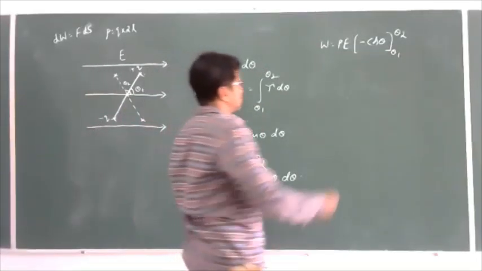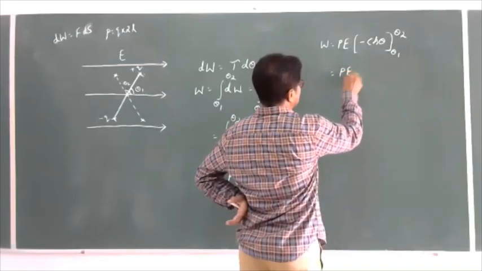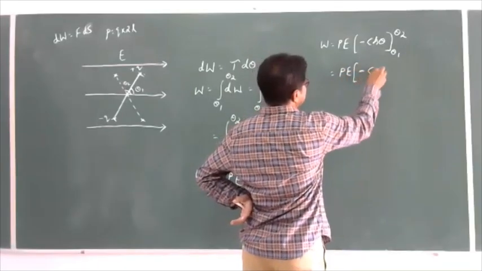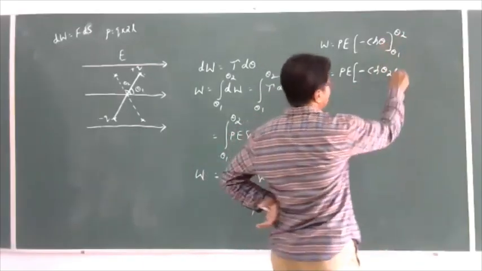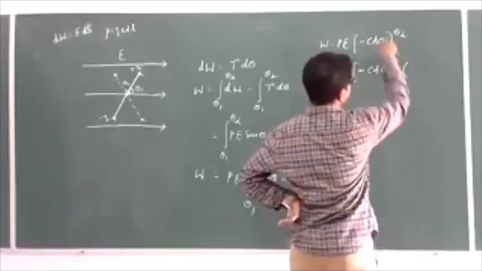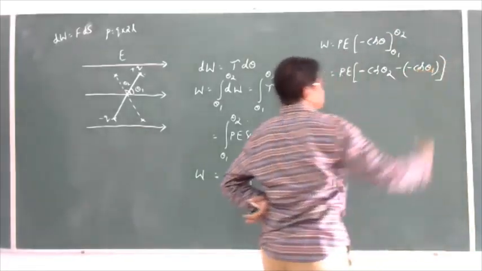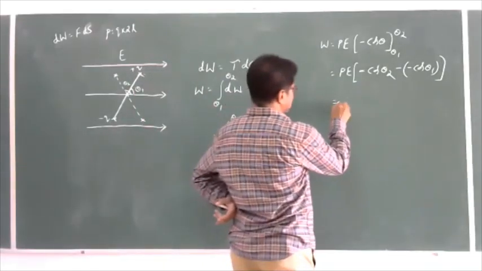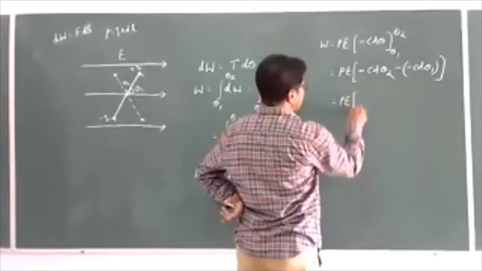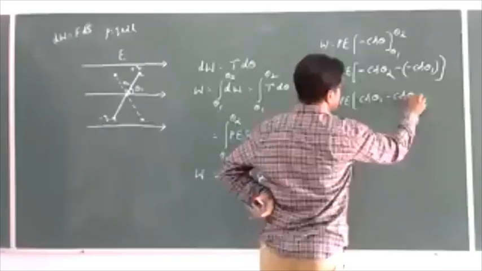First I would like to substitute the upper limit. That is PE into minus cos theta 2. First upper limit I am substituting. Then the lower limit, minus, minus cos theta 1. From here, W is equal to PE into cos theta 1 minus cos theta 2.